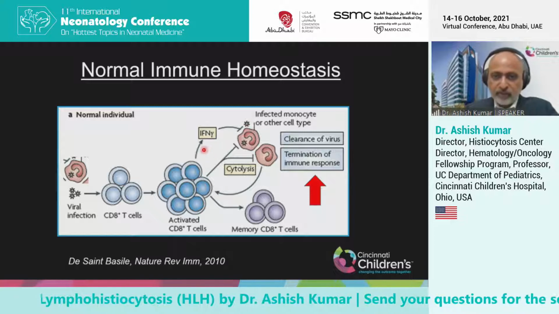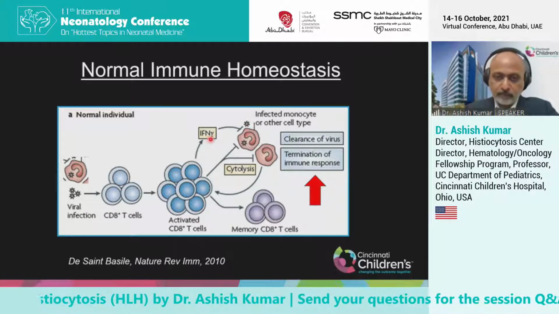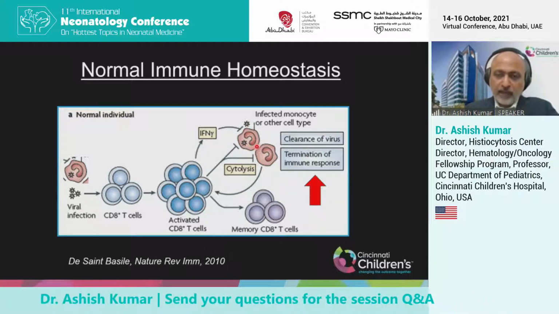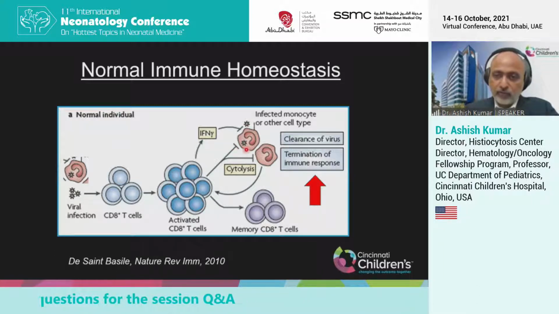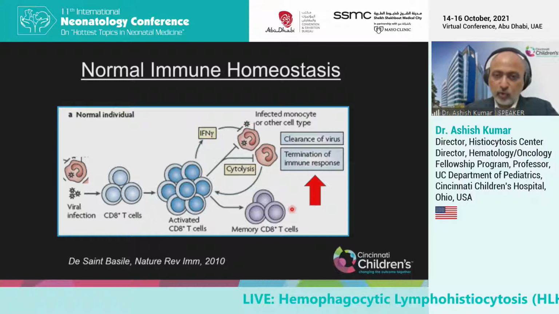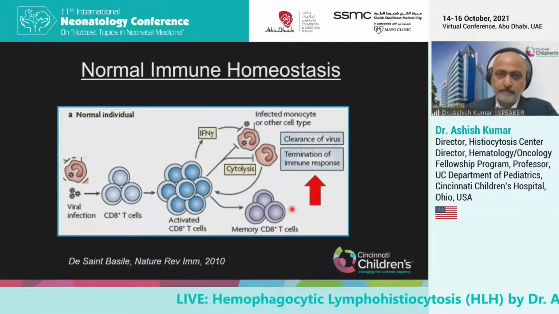One is they secrete cytokines such as interferon gamma, and the second is that by direct contact with the antigen-presenting cell, they kill the cell, and with that, the virally infected cell is killed, so the virus is eliminated. So you have clearance of the virus, and once these antigen-presenting cells are removed, they are no longer stimulating the T cells, so the immune response is also terminated. These T cells then shrink and they are saved for future use if the same virus is seen again.